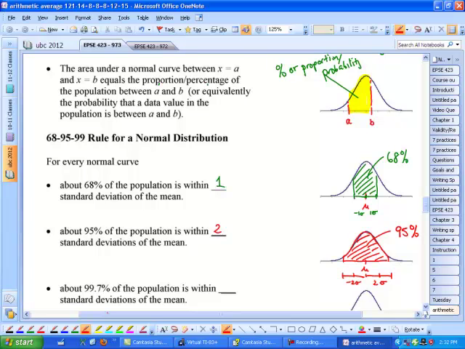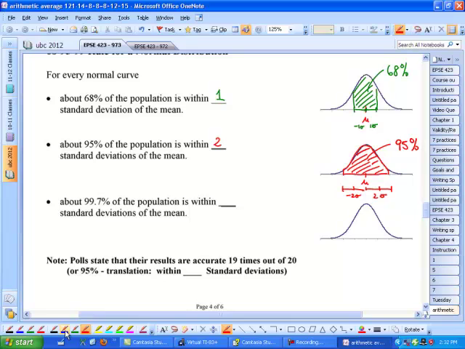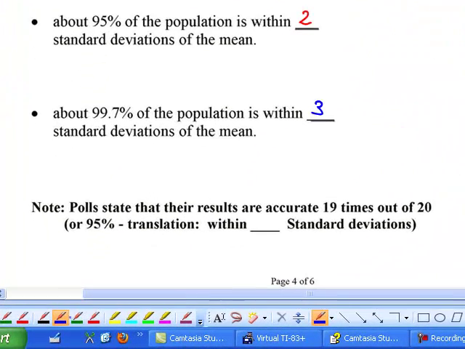And then if you wanted to go even further, to go 3 standard deviations away, well, when you do that, 1, 2, 3, you've pretty much included almost all of the data points. The area here underneath is about 99.7% of the population.